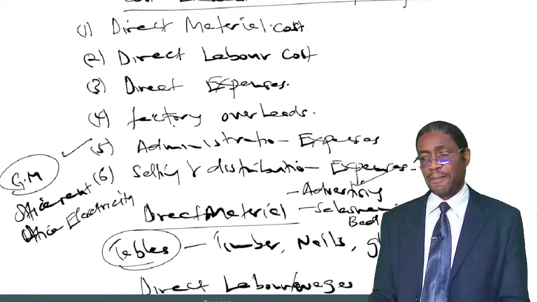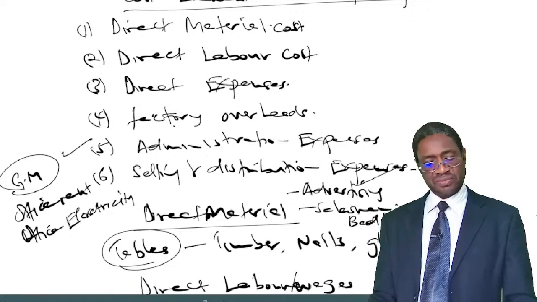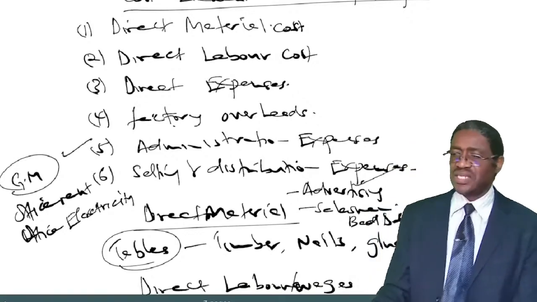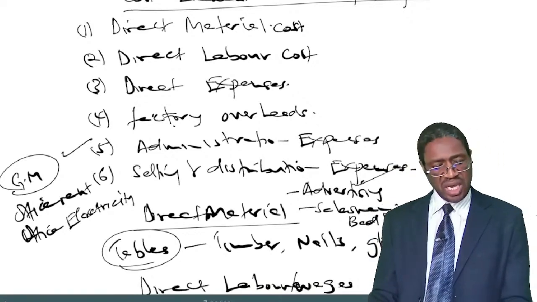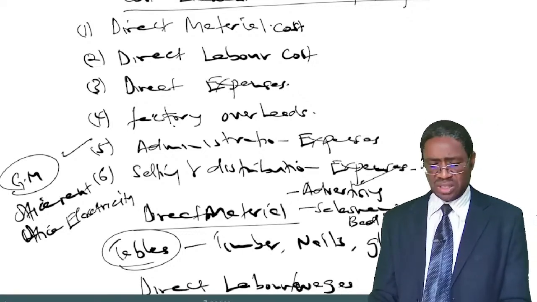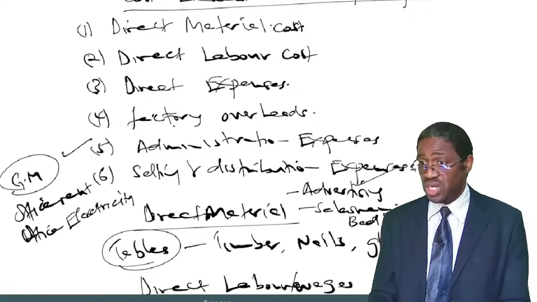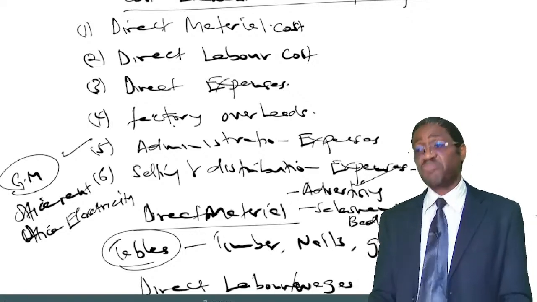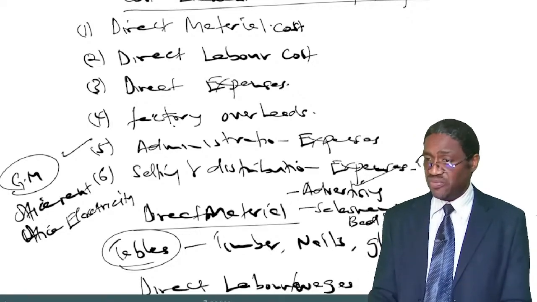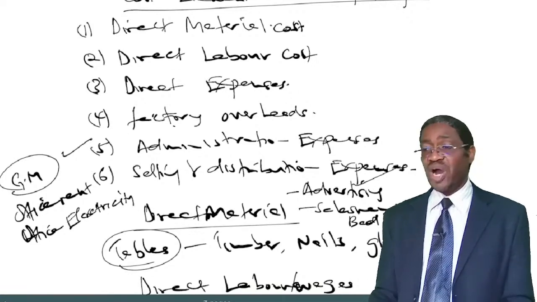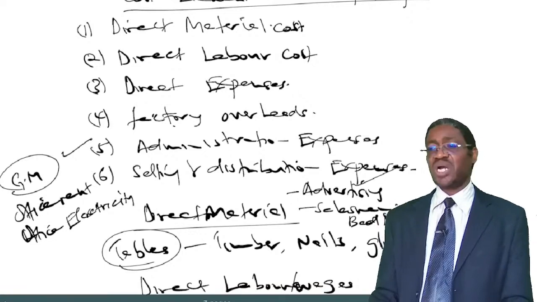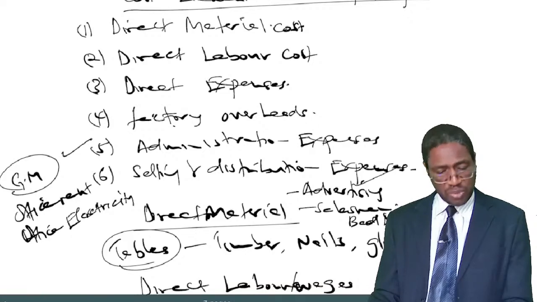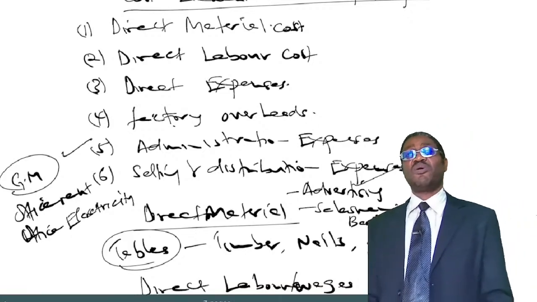Then you say this: these are wages paid to the workers who are directly involved in the manufacture of a product.